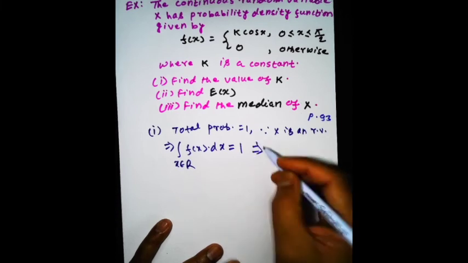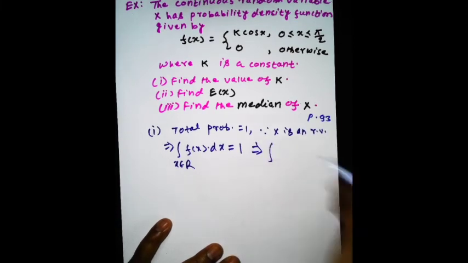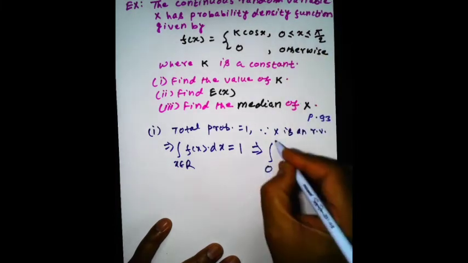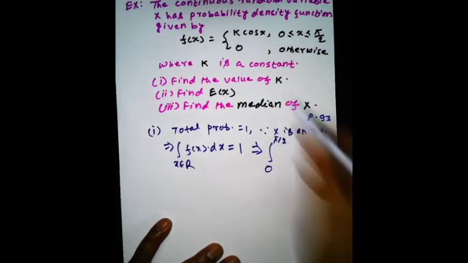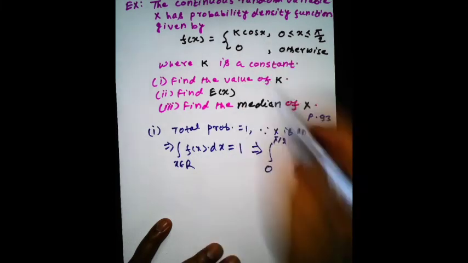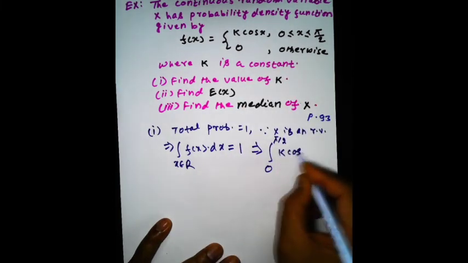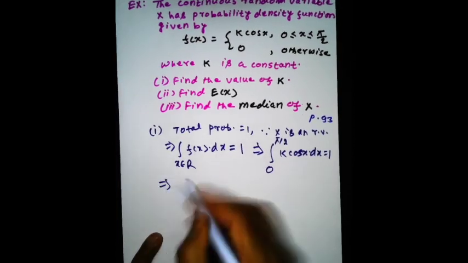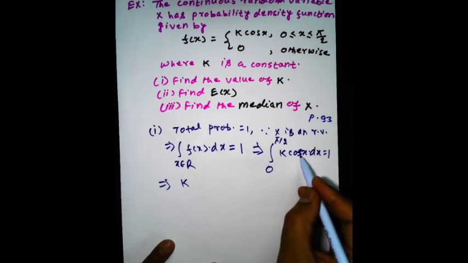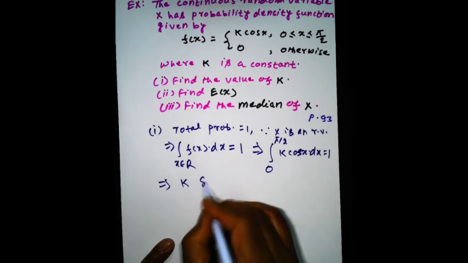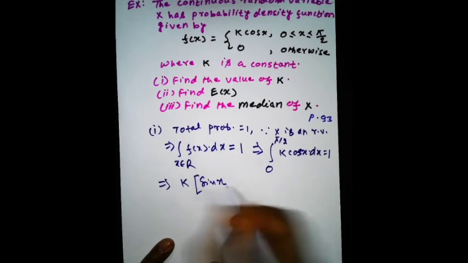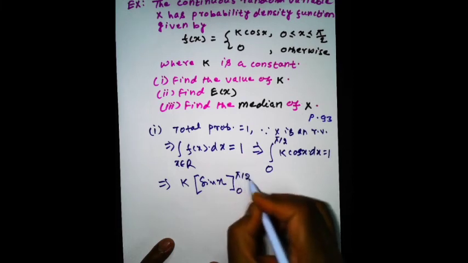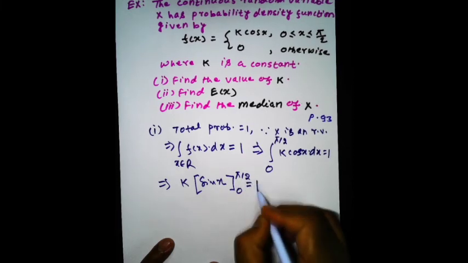So here in this case, values of x are between 0 and pi by 2, so we put here 0, and in the upper limit pi by 2, and then in place of f(x) we have k cos x dx, and that is equal to 1. k is a constant term, so take it out, and if you integrate cos x, the integration of cos x is sin x, and the values of x are from 0 to pi by 2, and that equals 1.